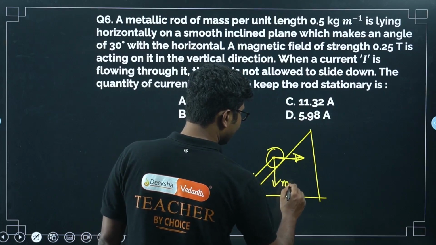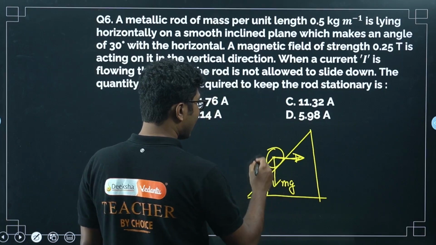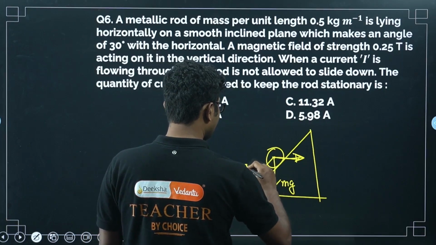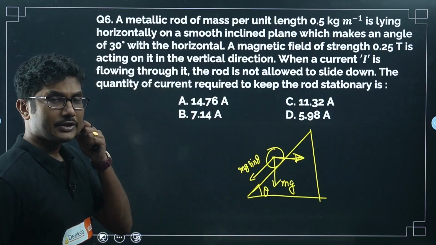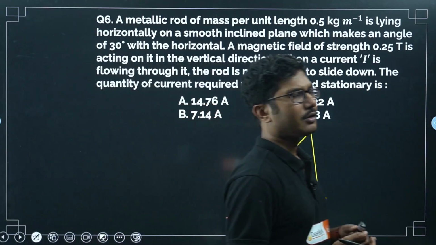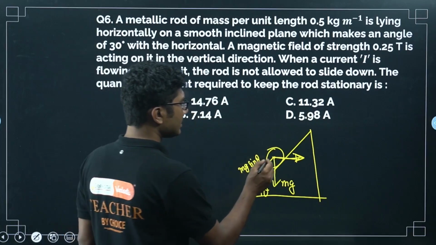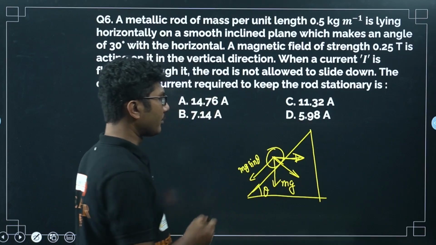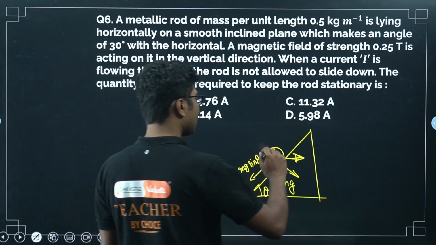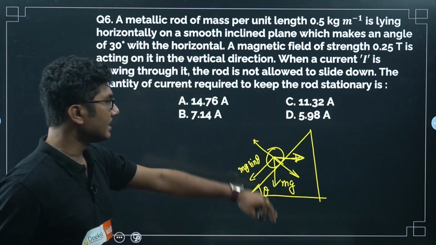If this is mg, this is theta, then we have learned that this component is mg sin theta, right? In our first PU, while solving friction problems and work energy problems, we have learned that there are two components. One is this component, the cos theta component, another one is this component. Now the cos theta component will be balanced by the normal component.